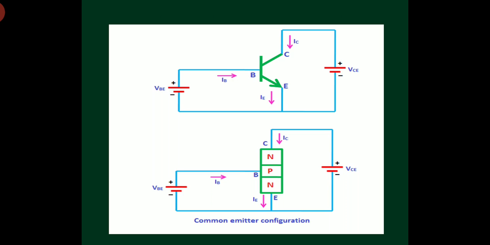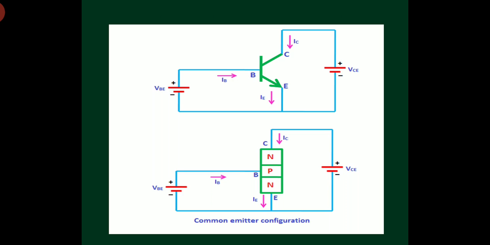We know that in a transistor there are three regions: emitter, base, and collector. Emitter is highly doped, base is lightly doped, and collector is moderately doped. The width of emitter is large, the width of base is very small, and the width of collector is much greater than the emitter region width.